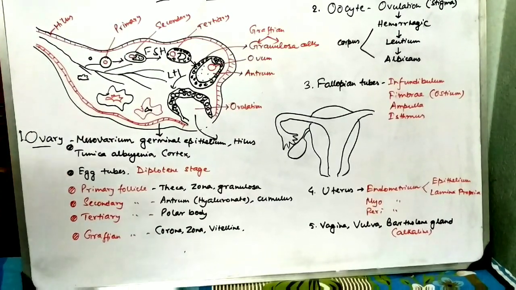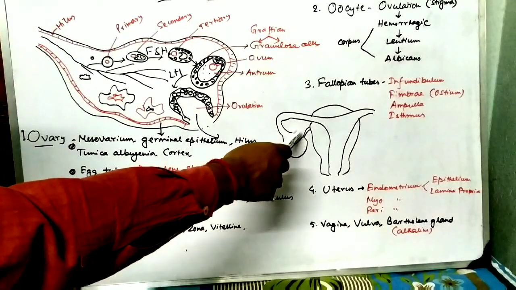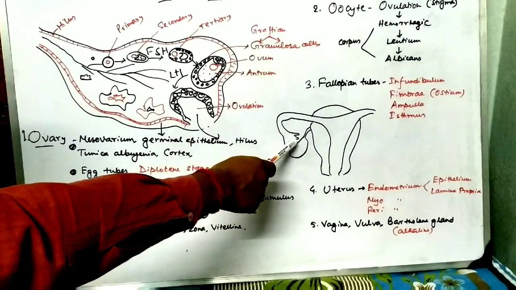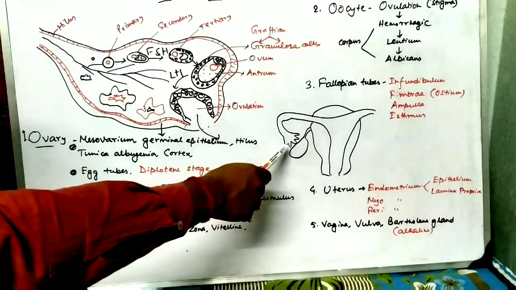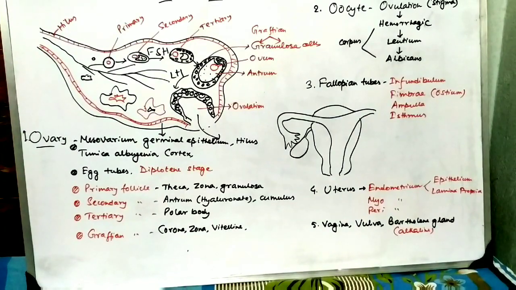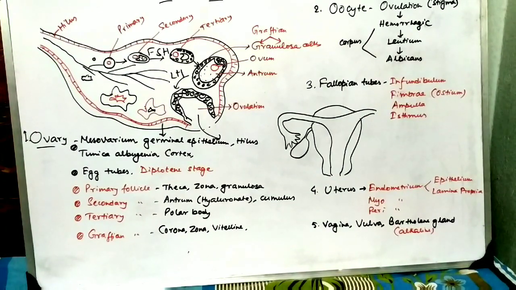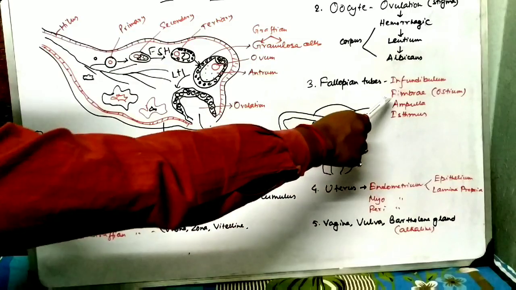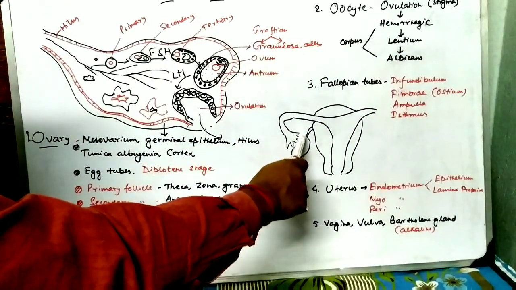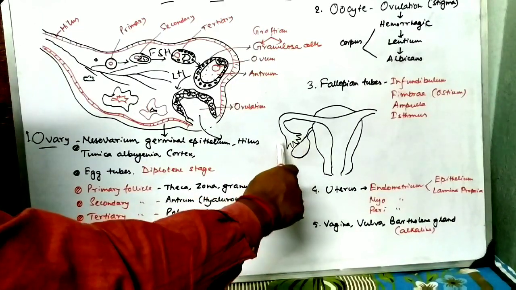At the frontal region, there is a funnel-shaped structure with finger-like projections, and these projections are perforated, which is known as the ostium, and the finger-like projections are known as fimbriae. So these are the fimbriae. The fimbriae, ostium, and the whole funnel-like structure form the infundibulum.